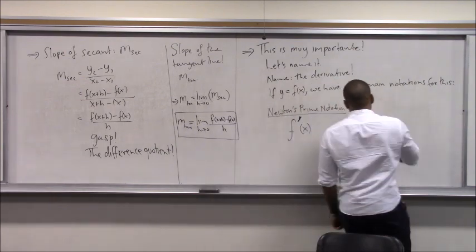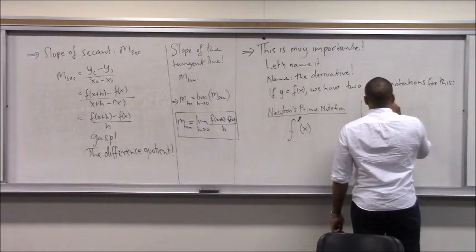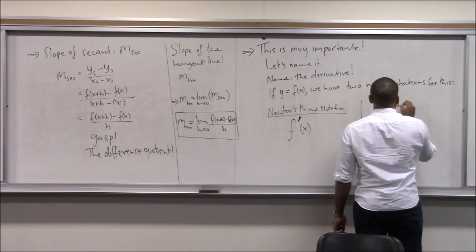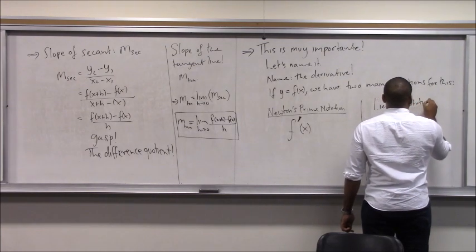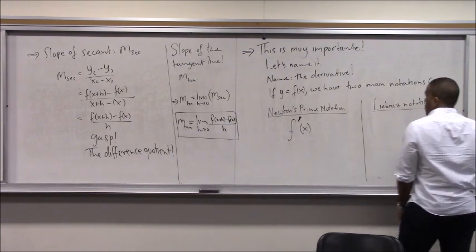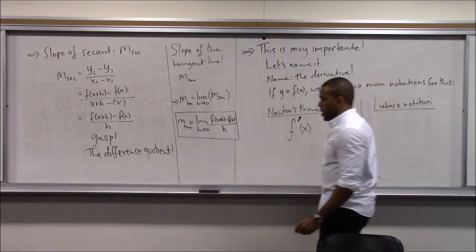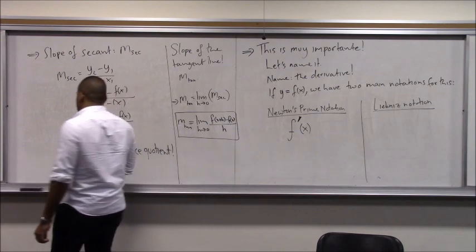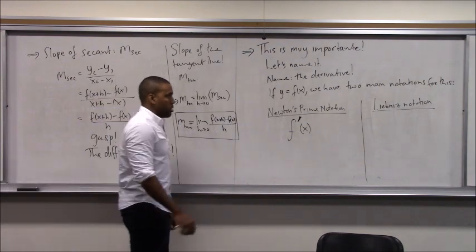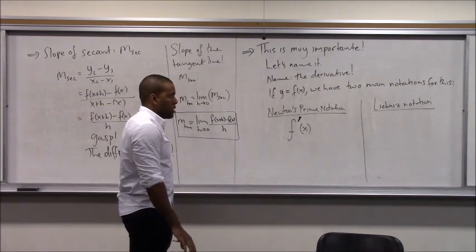You also have the Leibniz notation. Newton was British, Leibniz was German. It is believed that they both developed modern calculus pretty much around the same time.